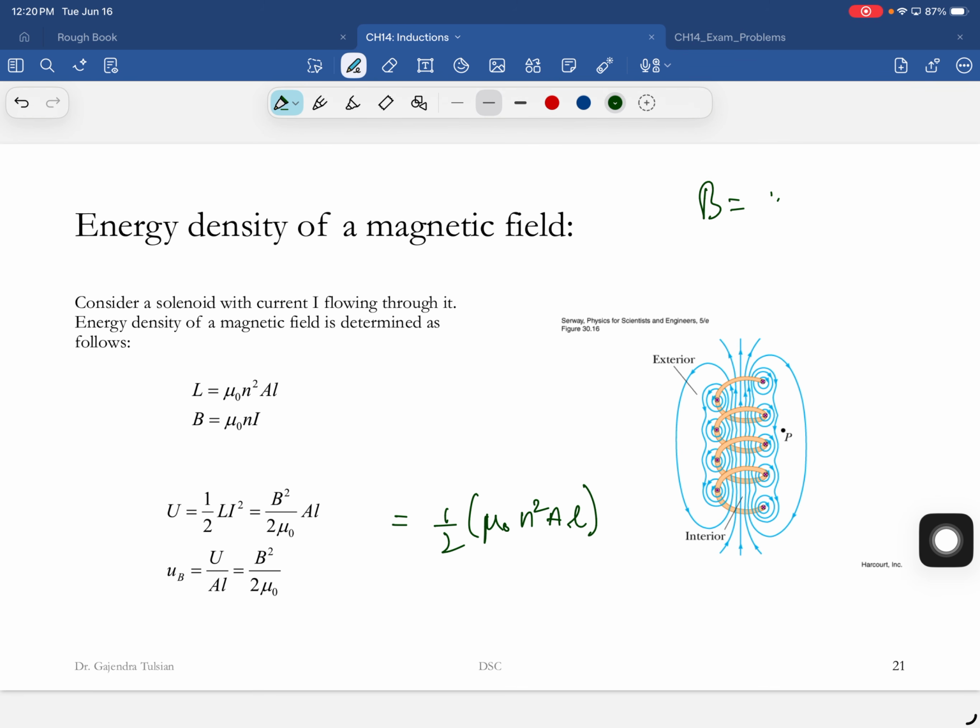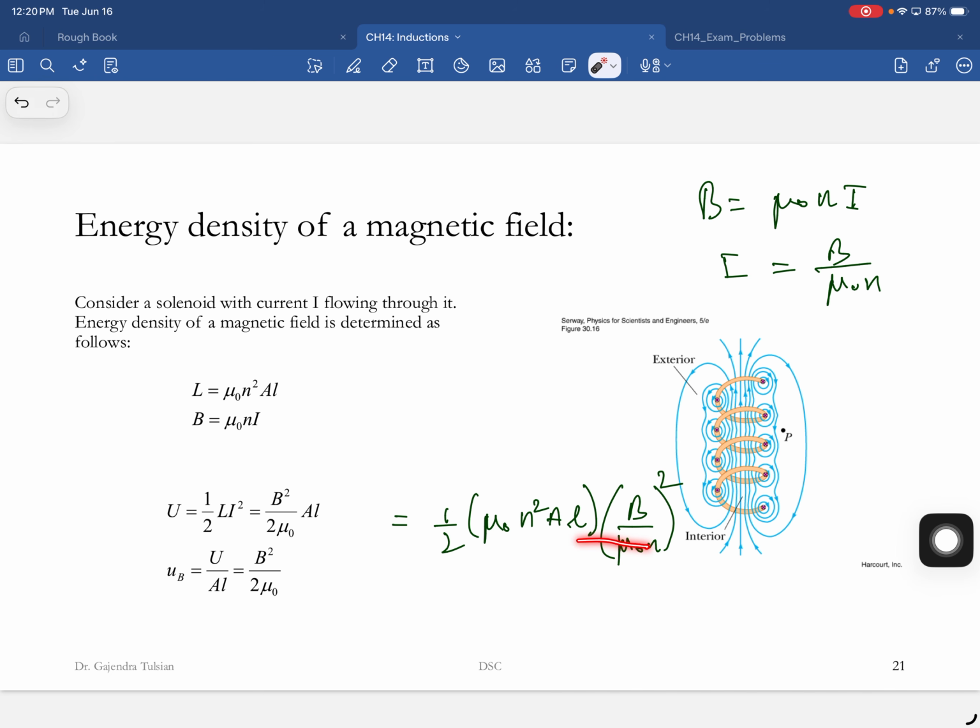B, the magnetic field, is mu naught N I, so I is B over mu naught N, so I squared is B over mu naught N, squared. Okay, and so if you simplify all of that, when you cancel terms, what you get is this times A L. A is the area of cross section, and L is the length of the solenoid, so that's the volume of the solenoid.